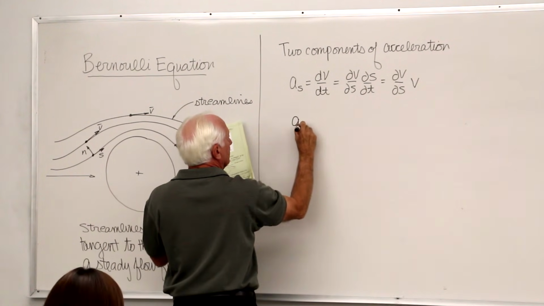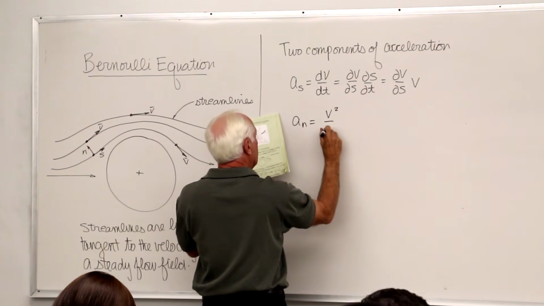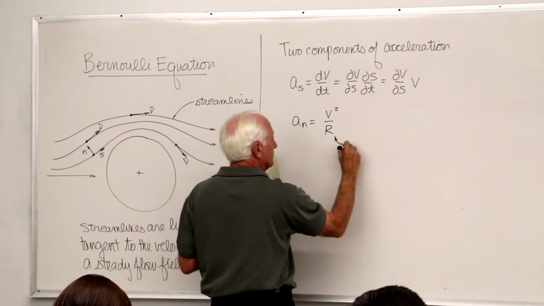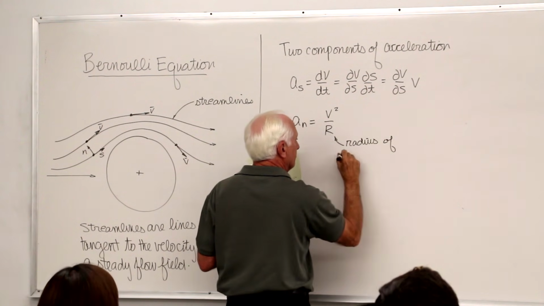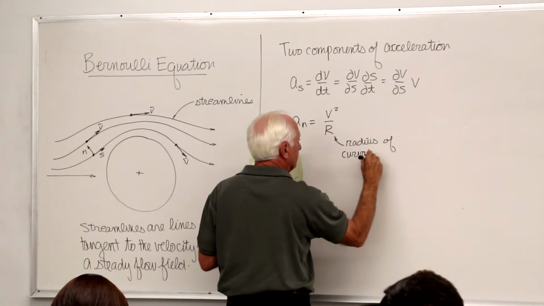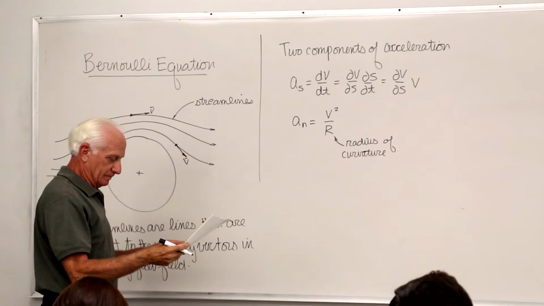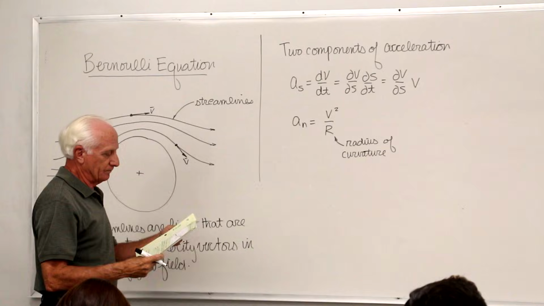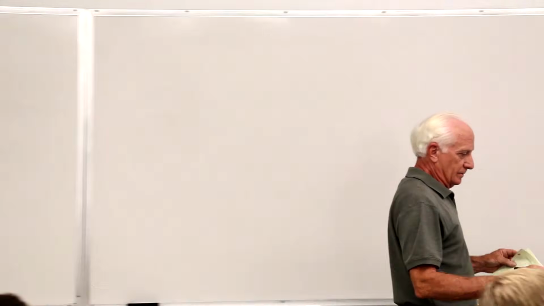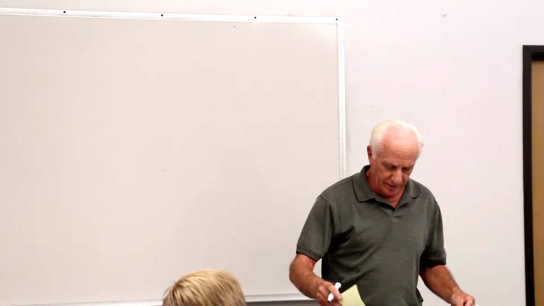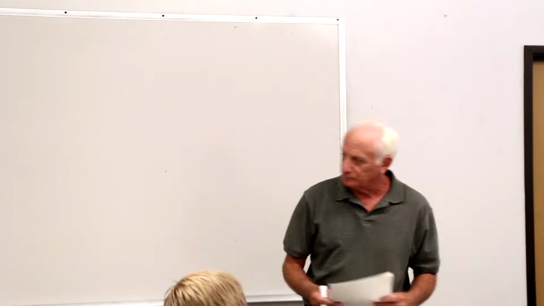And the normal acceleration is V squared over r, where r is called the radius of curvature. We're going back to our dynamics background for those two. So you can have both a streamwise acceleration and a normal acceleration.